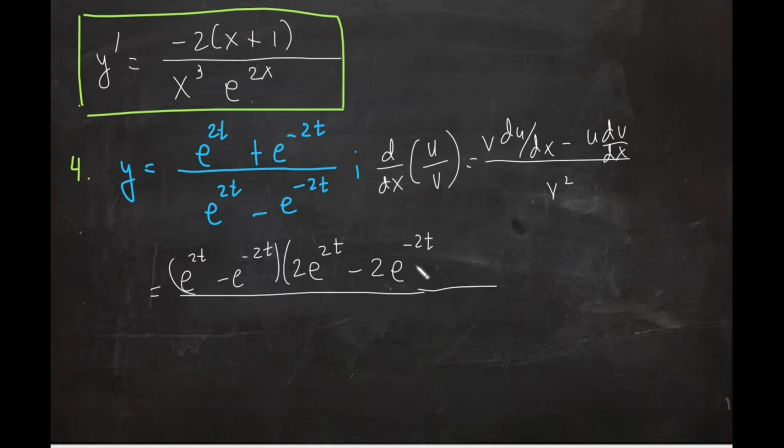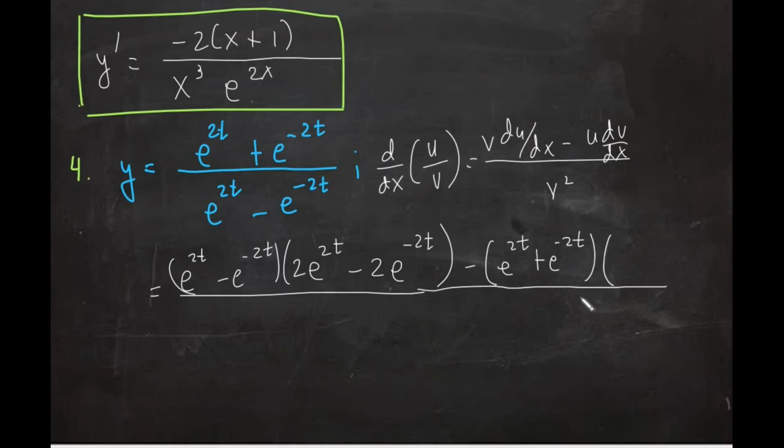Again, the derivative of e raised to u is e raised to u times the derivative of u, so that's the reason for that. Then minus the numerator, so we'll have e raised to 2t plus e raised to negative 2t.